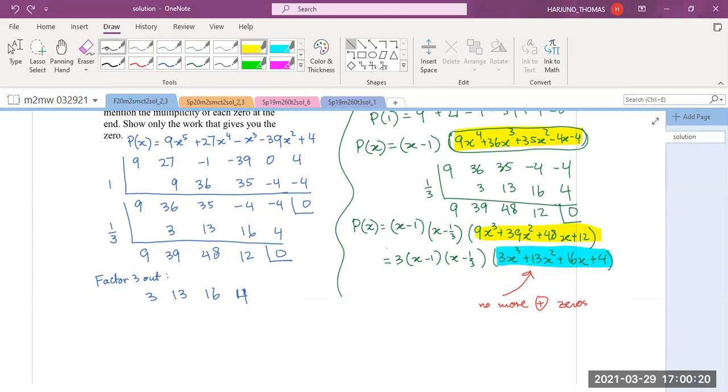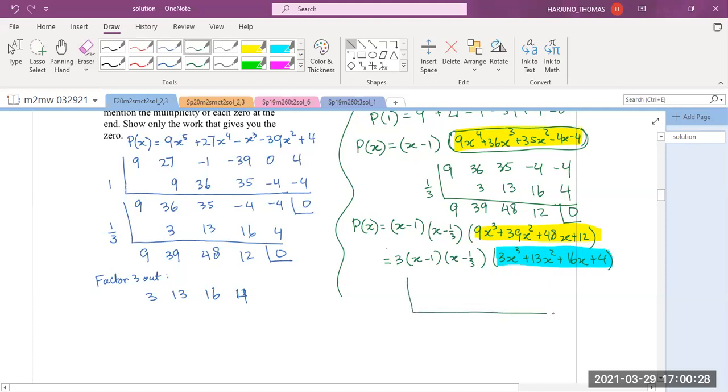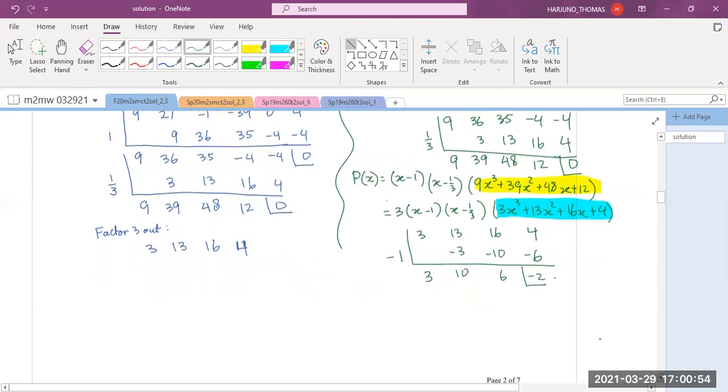Okay, now then let's see. Suppose we use a negative number to try for zeros. Let's try -1. 3 times -1 is -3. This is 13, minus 13... this is 10, -10. This is 6, -6. This is -2. So -1 is not a 0.